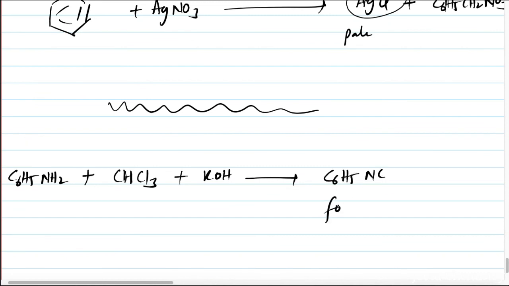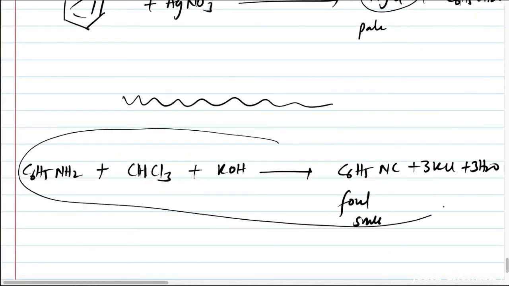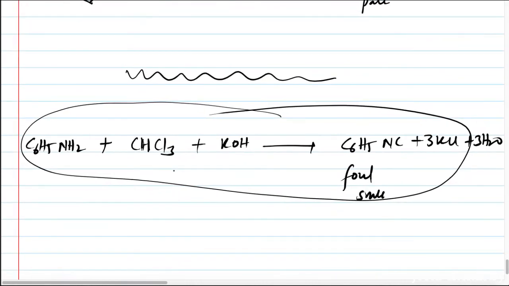This has a foul smell, and the side products are 3KCl plus 3H2O, and this is a very important reaction which will be discussed in chapter number 13, amines. This reaction is known as the carbylamine test. This is very important, the carbylamine test.